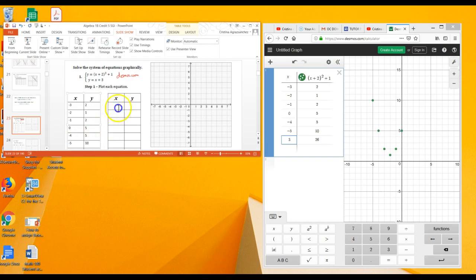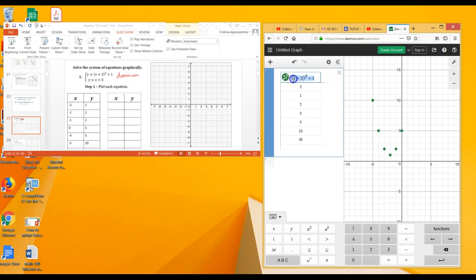All right, so here we can see that that would graph. Let's put in our other equation, which would be x plus 3. Ooh, and that gives me an entirely different table of values.